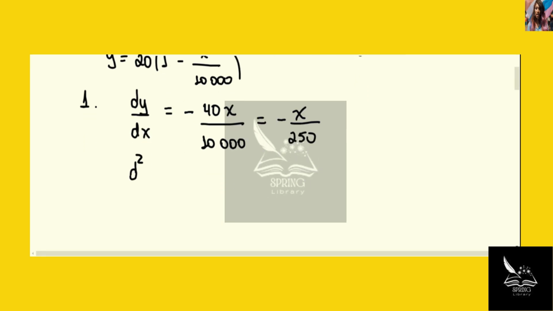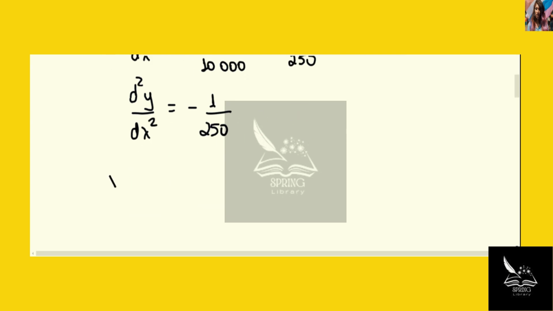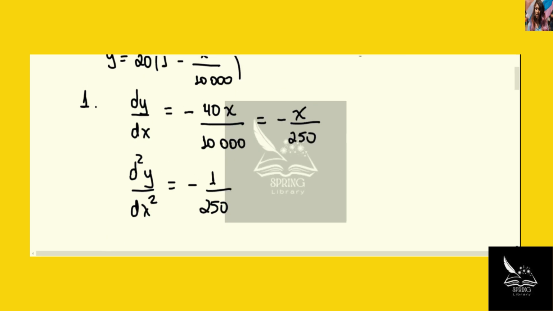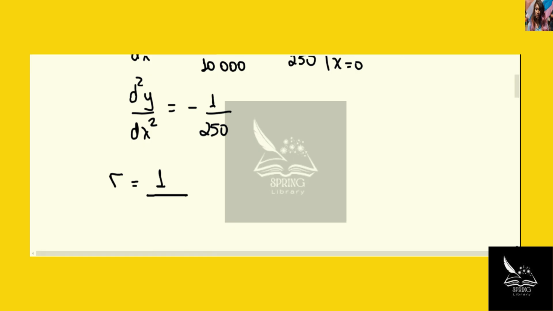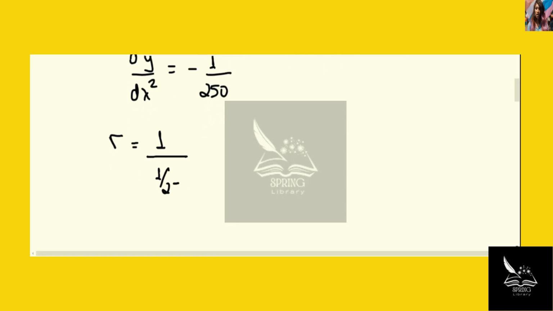We also need the second derivative, which we obtain by differentiating the first derivative, so it's minus 1 over 250. Notice that the first derivative, applied at x equals 0, the point we're interested in, is equal to 0. So the radius of curvature is 1 divided by the magnitude of the second derivative, that's just 1 over 250. So r is equal to 250 meters. So this is the radius of curvature.